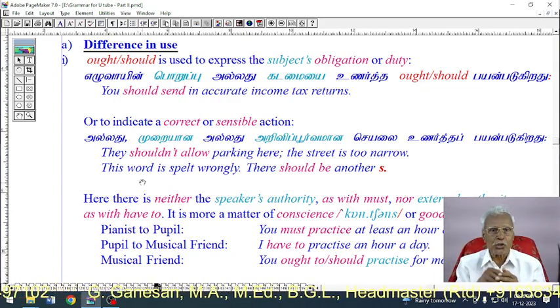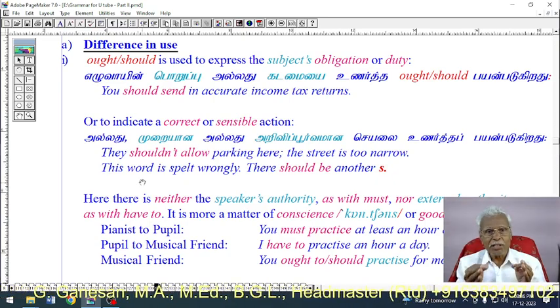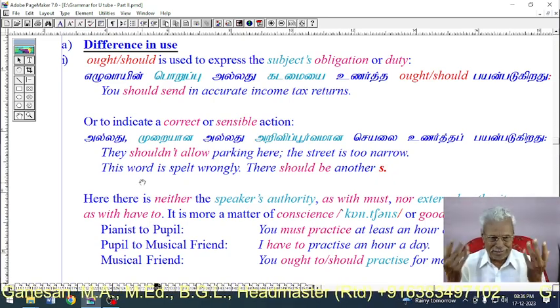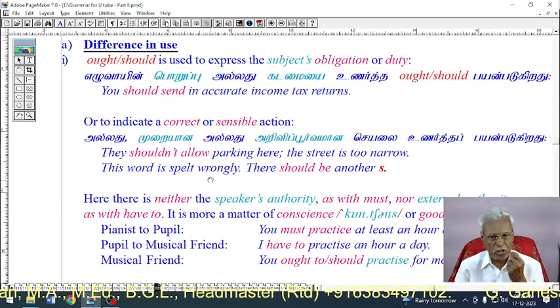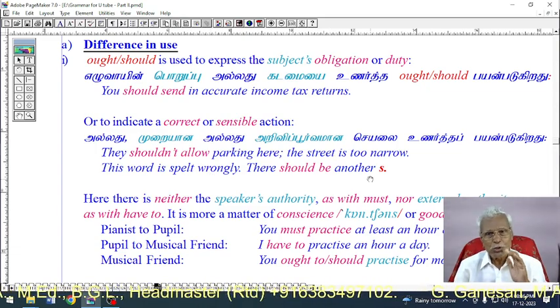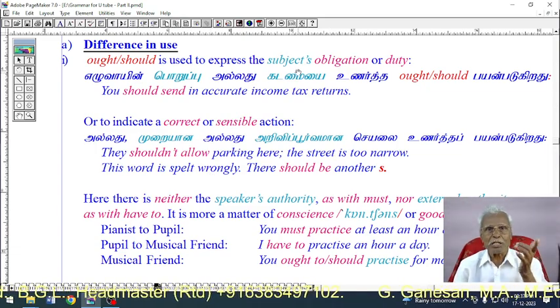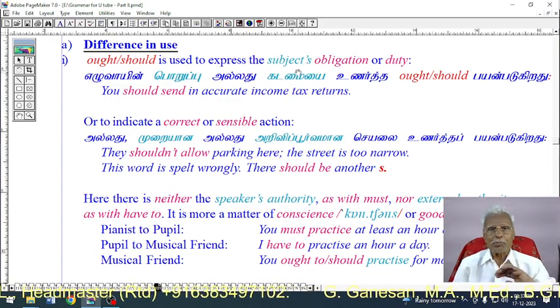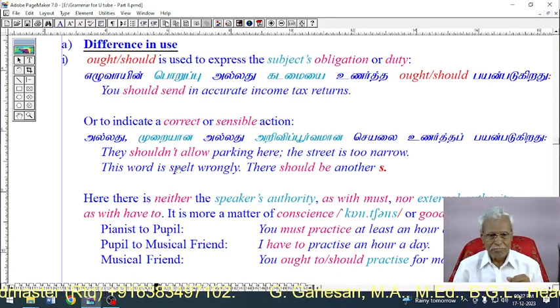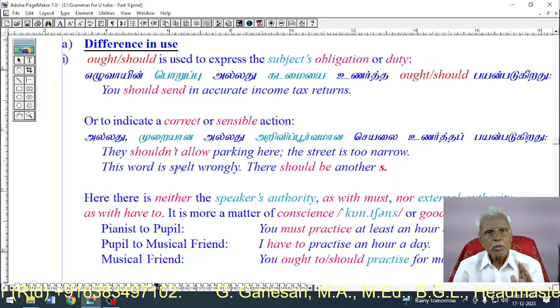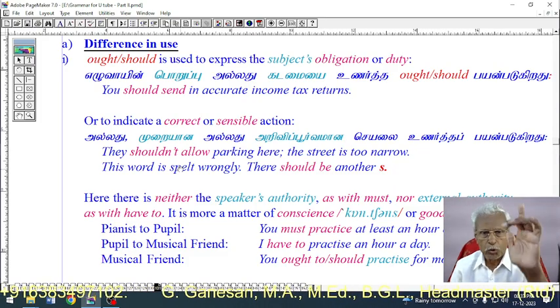The correct spelling should be C-L-A-S-S. This word is spelled wrongly. There should be another S. So, one use is to express the obligation, another is to express the correctness. We use should or ought to.